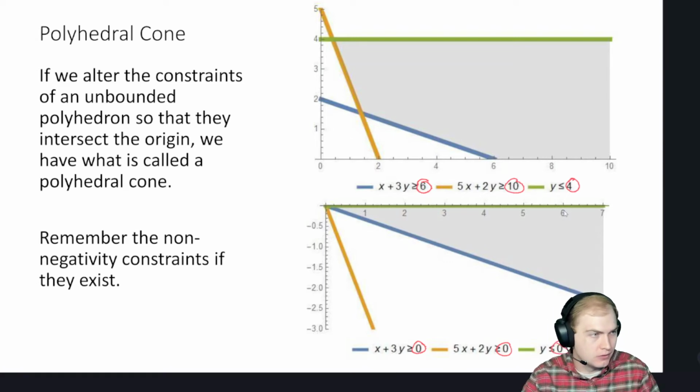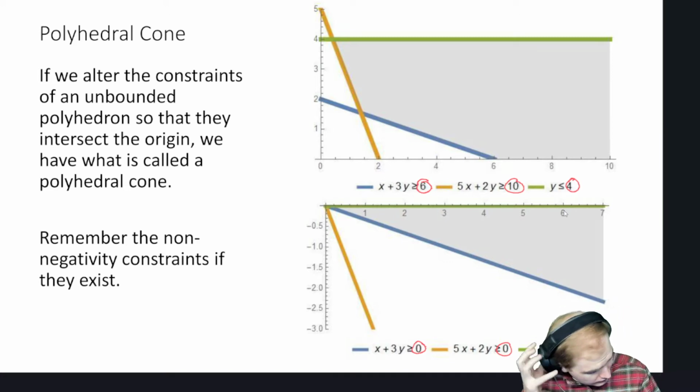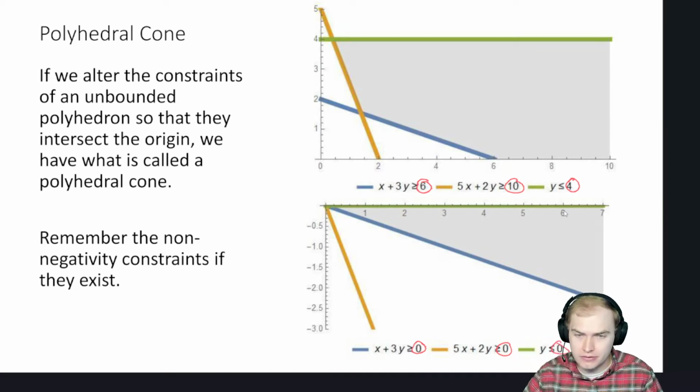This means that all of them will intersect the origin of our space, and it gives us an idea of what directions are unbounded in this problem.